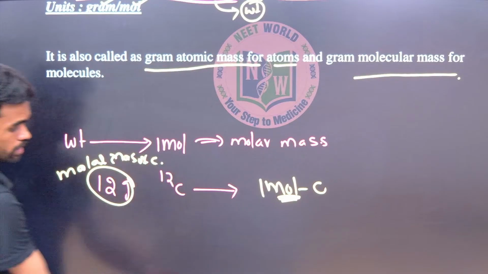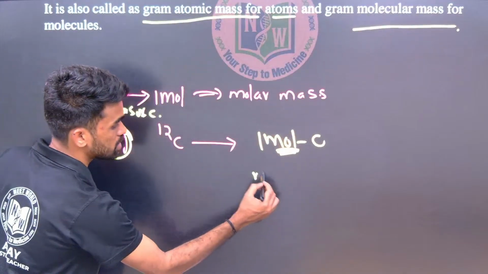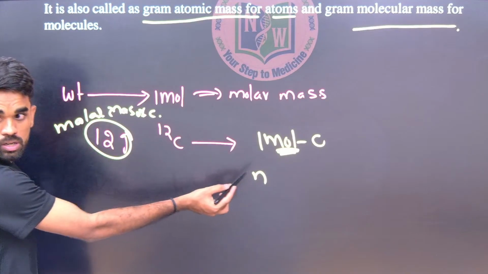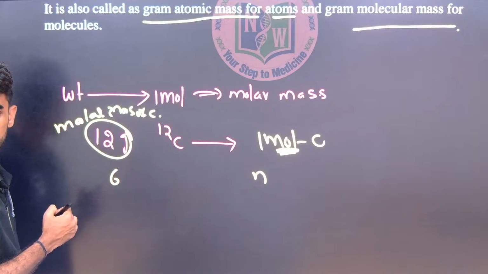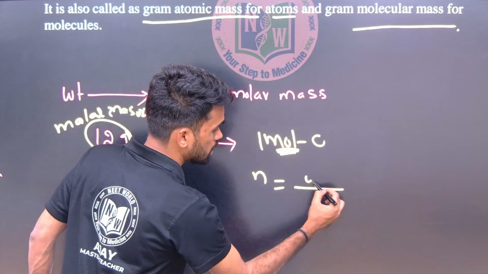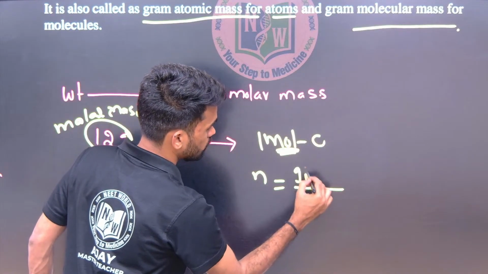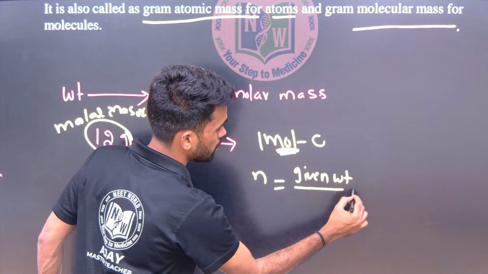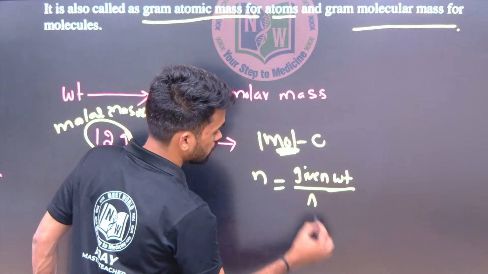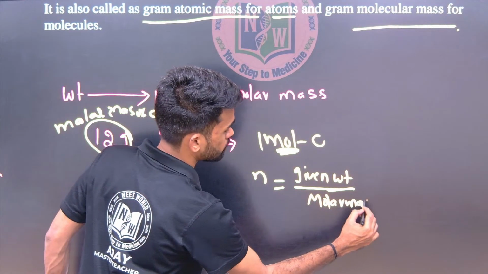Now I want to give you one formula. Mole is indicated with the symbol n. 12 grams means 1 mole, and 6 grams means half a mole, which you get by using this formula: given weight divided by atomic or molar mass.